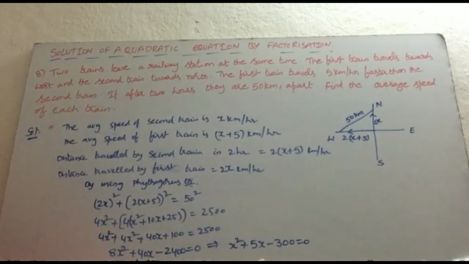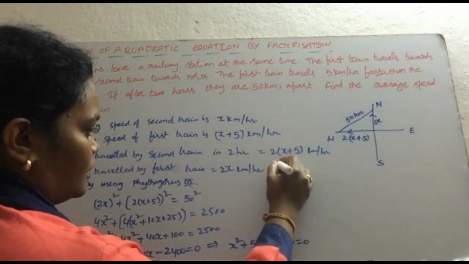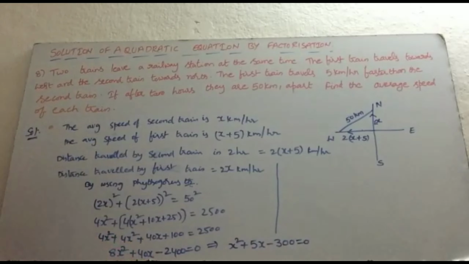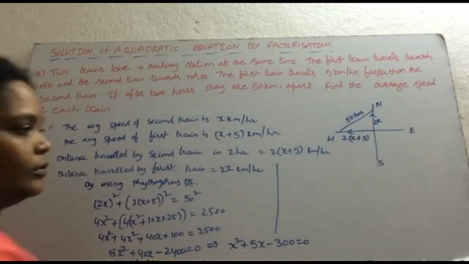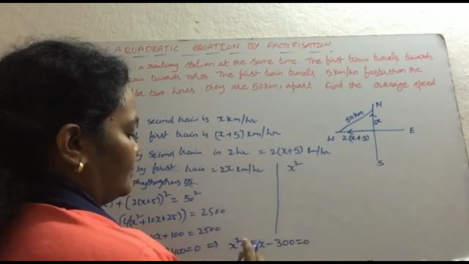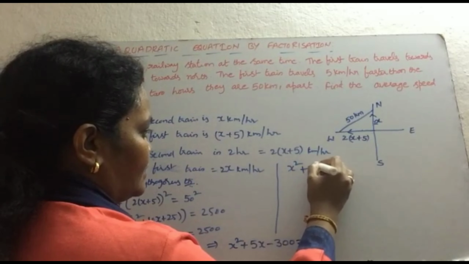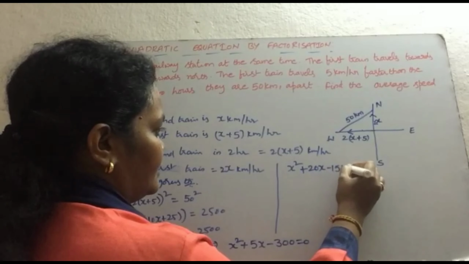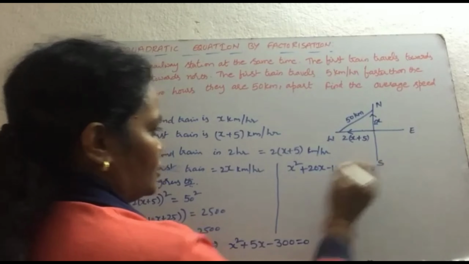Now we will find the factors of this equation easily. 300, 15 into 20. So x square plus 20x minus 15x minus 300 equal to 0.